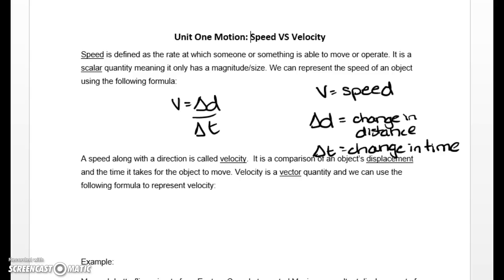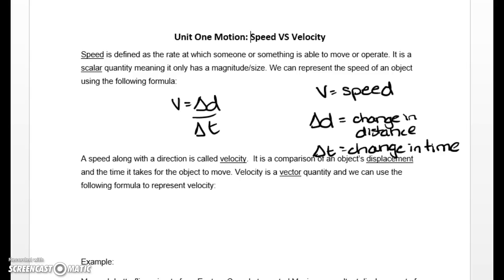Say if I were to walk in the north direction a total of 5 meters, I would say that my total displacement is 5 meters north. If I did that in a total of 5 seconds, I might say that I'm moving at a rate of 1 meter per second north.